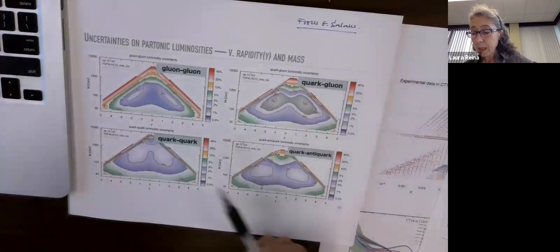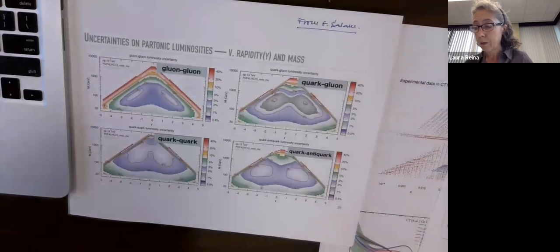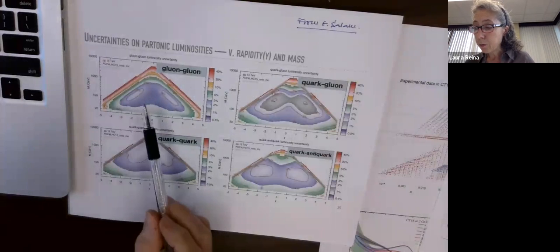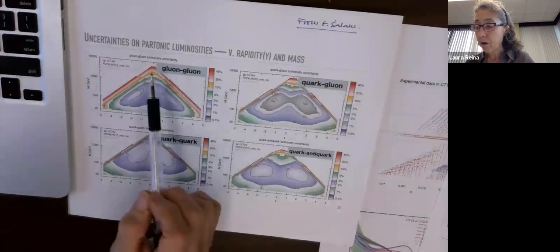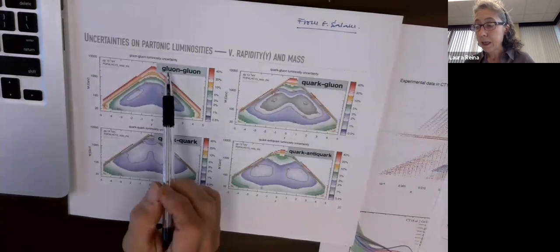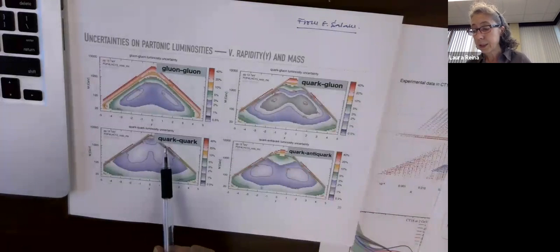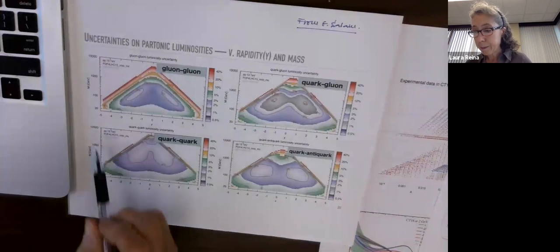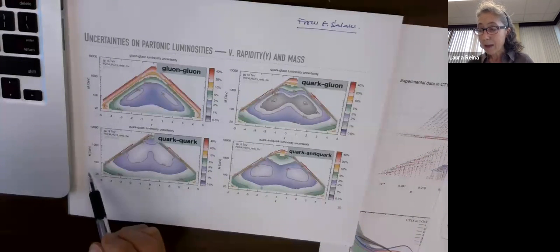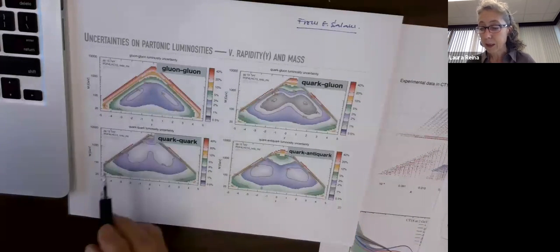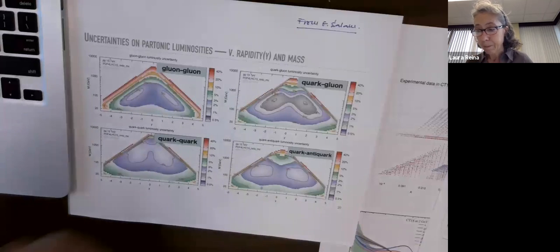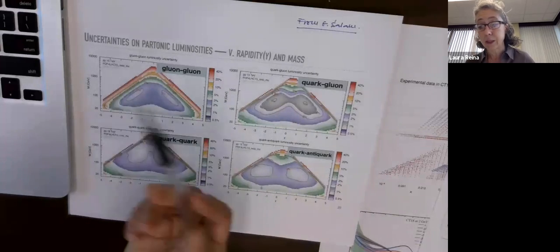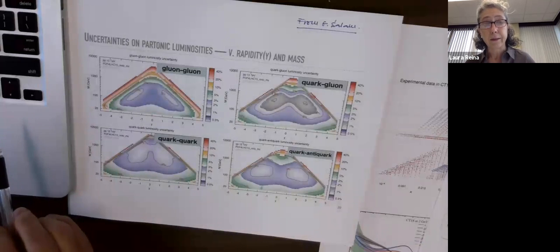These are plots that I owe to one of the leaders of perturbative QCD, Gavin Salam, and they show you 4 different kinds of processes: processes that are gluon-gluon initiated, or quark-gluon initiated, or quark-quark initiated, or quark-anti-quark initiated, in a parameterization in terms of mass and rapidity, for a given hadron-hadron collision, in this case a PP collision at 13 TeV, so very much LHC oriented.